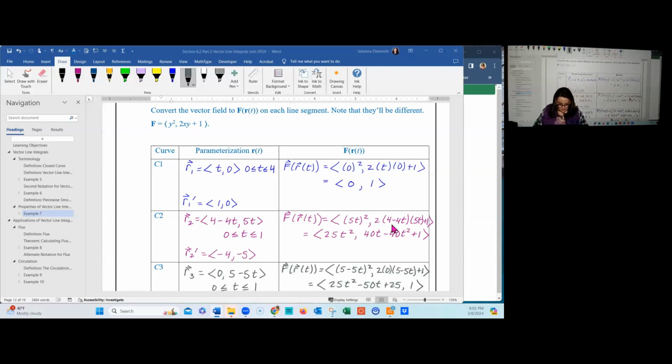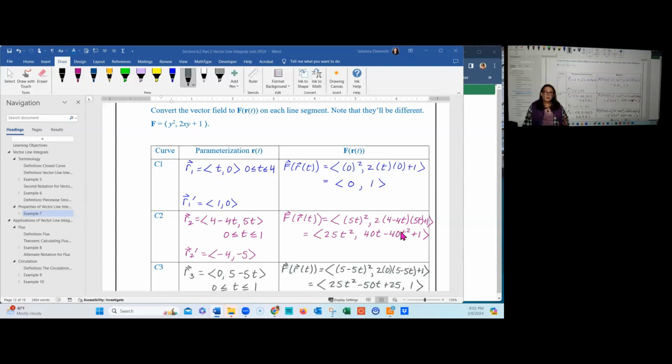Our final parameterization, when we substitute 0 for x and 5 minus 5t for y, gives us 5 minus 5t squared, 2 times 0 times quantity 5 minus 5t, and then we add 1. This gives us 25t squared minus 50t plus 25, 1 for f of r of t in the third parameterization.